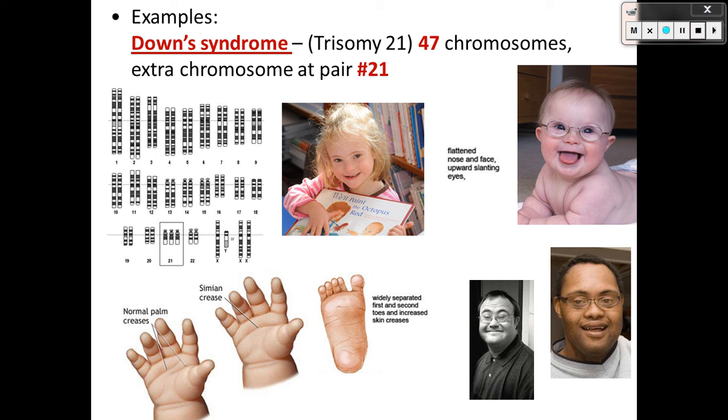They usually would die in their 30s, but now a lot of them are living until their 60s. So they can have a nice full life, but at the same time, you just have to be careful because they're usually more susceptible to certain disorders and diseases and various things like that.